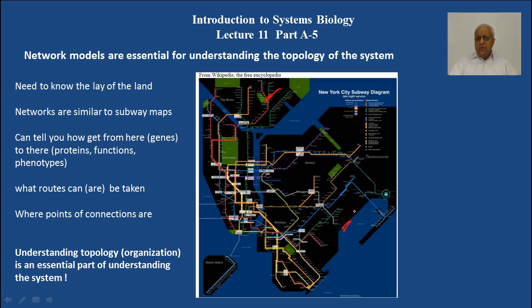Networks in some ways are similar to subway maps because they can tell you how you can get from here to there, that is from, say, genes to proteins and functions and phenotypes, and what routes can be taken, and of course what the points of connections are. So all of these are important characteristics of the system, and so it is essential to understand topology or organization of the system, without which one doesn't really have an understanding of the system as a whole.